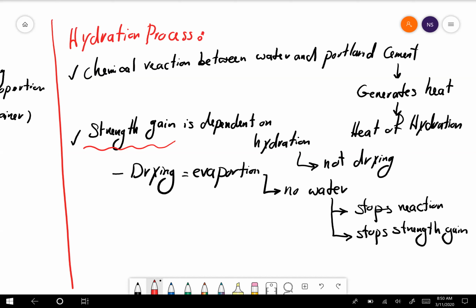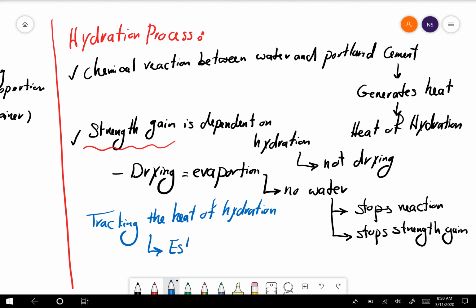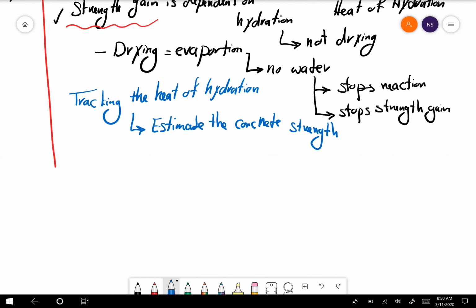And based on that, there is a process that by tracking the heat of hydration, you should be able to estimate the concrete strength. This process is called the maturity test.